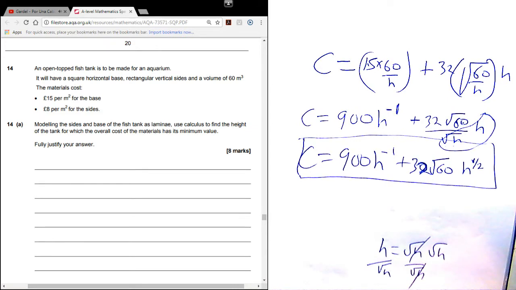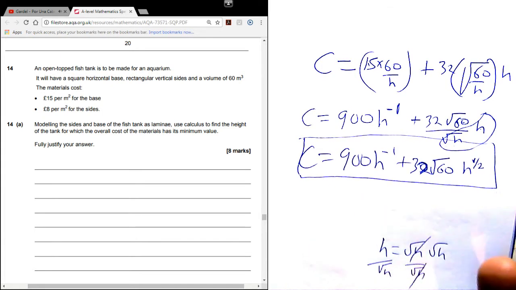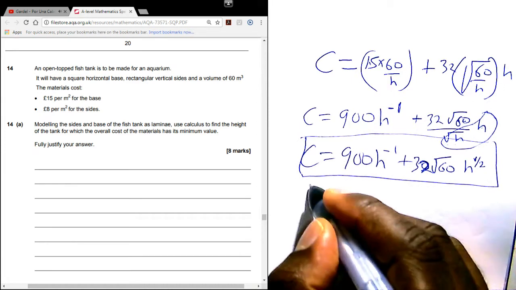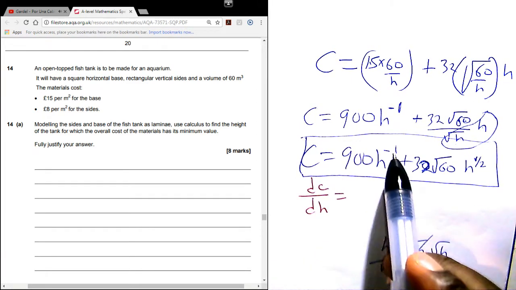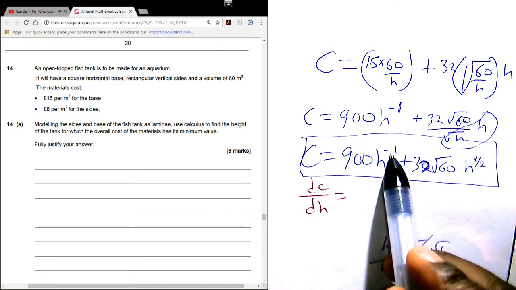What we need to do to find the minimum point of this relationship is to differentiate it. So I just need to do dc dh and equate that to 0. So dc over dh, this is differentiation: multiply by the power, take 1 away from the power.